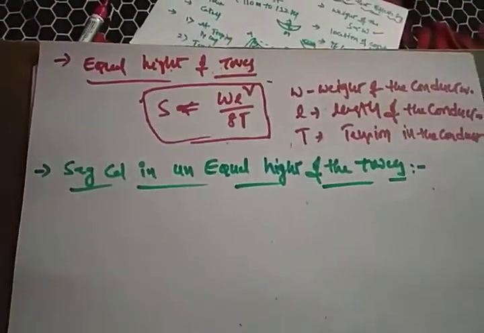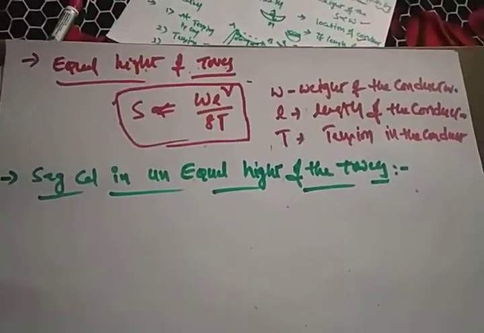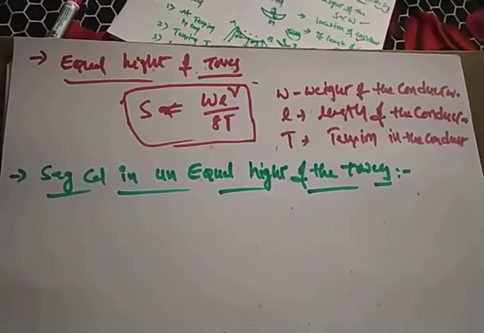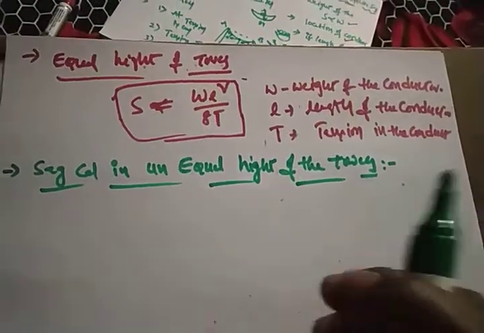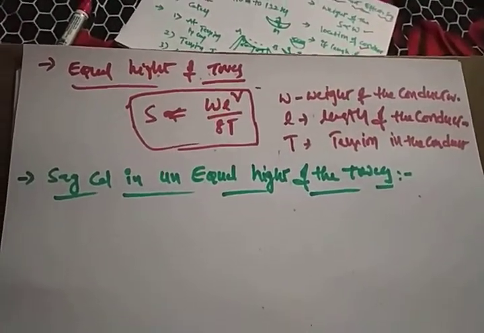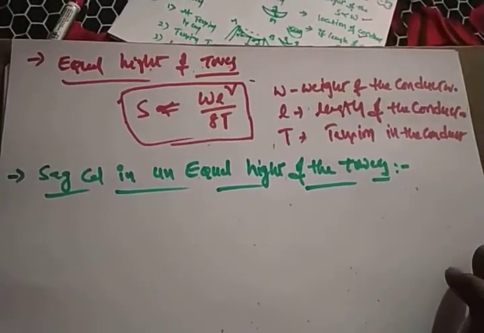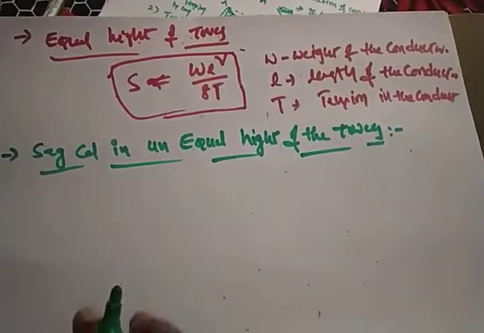That is nothing but hilly areas. On the bottom side we have a tower, on the top of the hill we have a tower. So these two towers are going to be of unequal height. In that condition, what is the perfect sag we should maintain? That we'll discuss now.